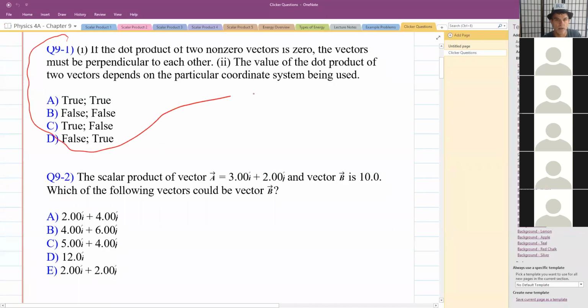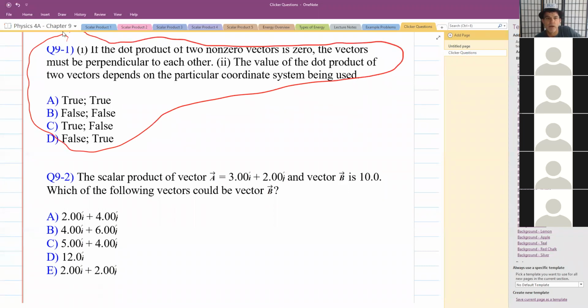There we go. So the first question is, if the dot product of 2 non-zero vectors is 0, the vectors must be perpendicular to each other, true or false? The value of the dot product of 2 vectors depends upon the particular coordinate system being used, true or false? And the second one is 9.2.